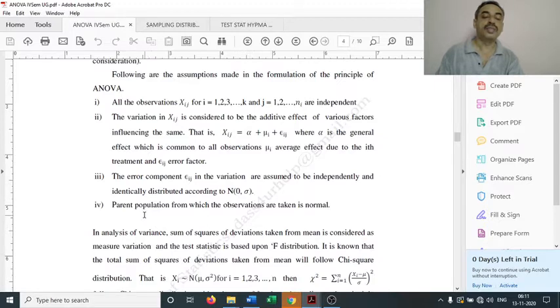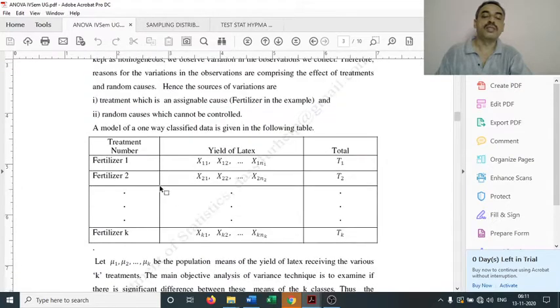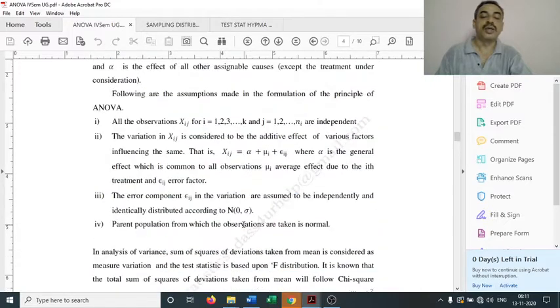And the fourth assumption is that the population from which the sample has been taken is normal. It's a very important assumption to apply ANOVA. That means we have only a set of observations, this is only a sample, and the sample observations are drawn from a population which is normally distributed.